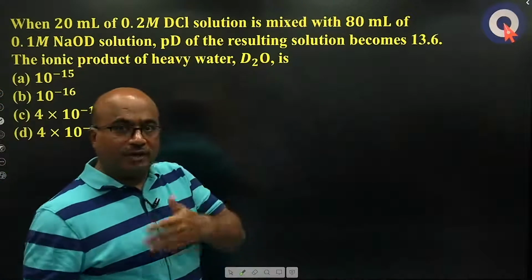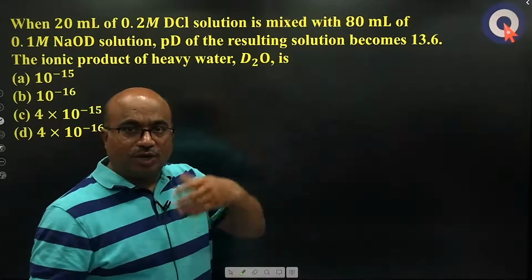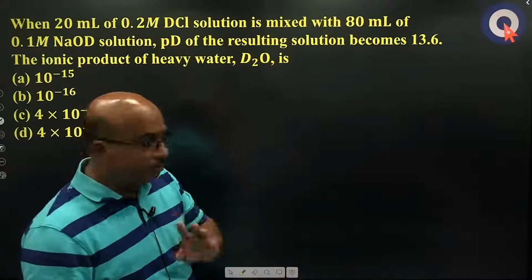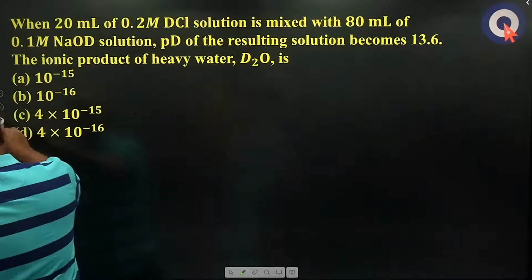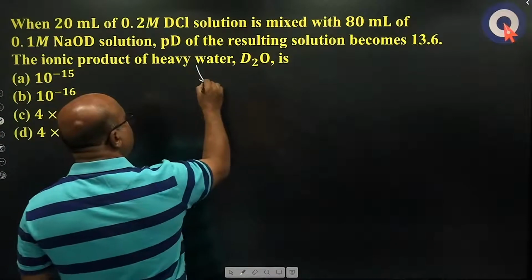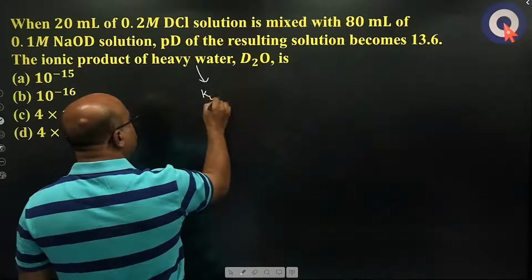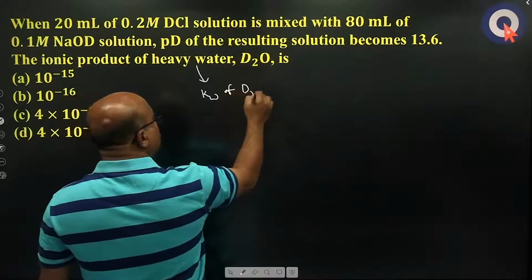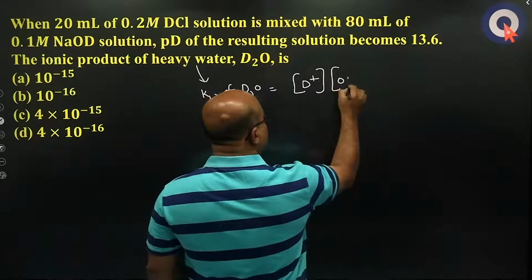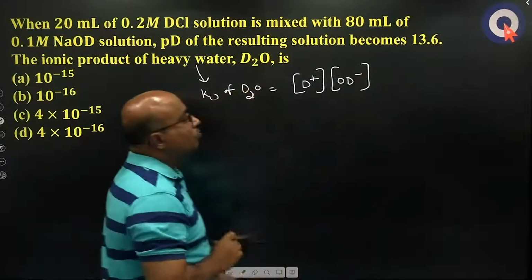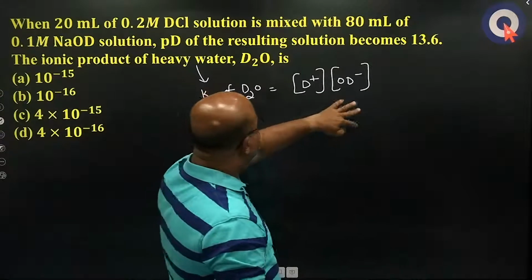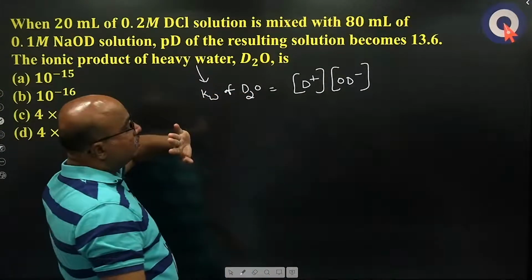So like water, what is ionic product? It's the H plus and OH minus concentration product. So whatever it is, Kw of D2O will be nothing but D plus concentration and OD minus concentration. So if you can calculate D plus and OD concentration, we can calculate ionic product.